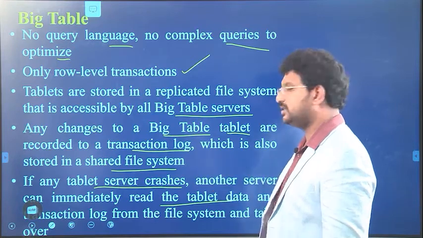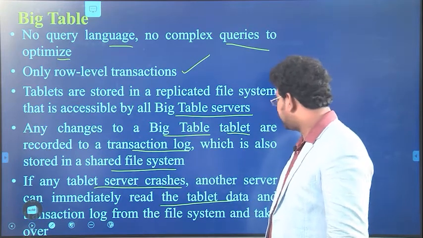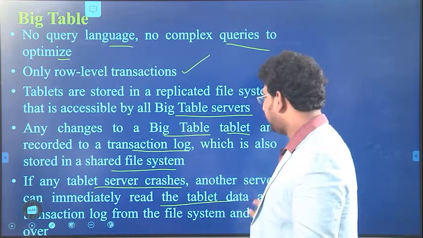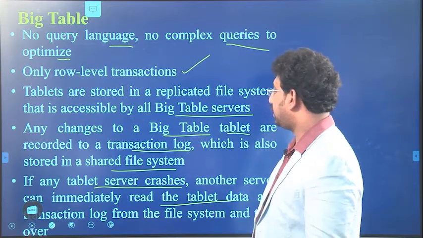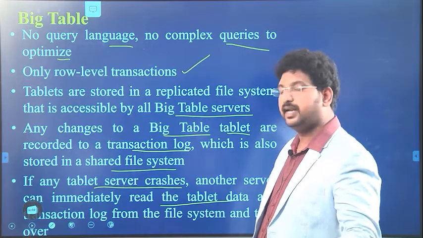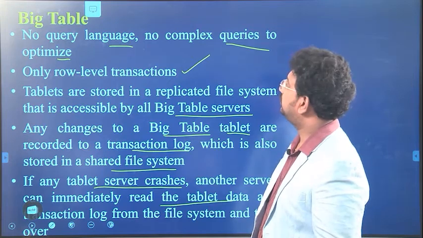If any tablet server crashes, another server can immediately read the tablet data and transaction log from the file system and take over. So it immediately takes over and immediately serves. So this is about the Bigtable.